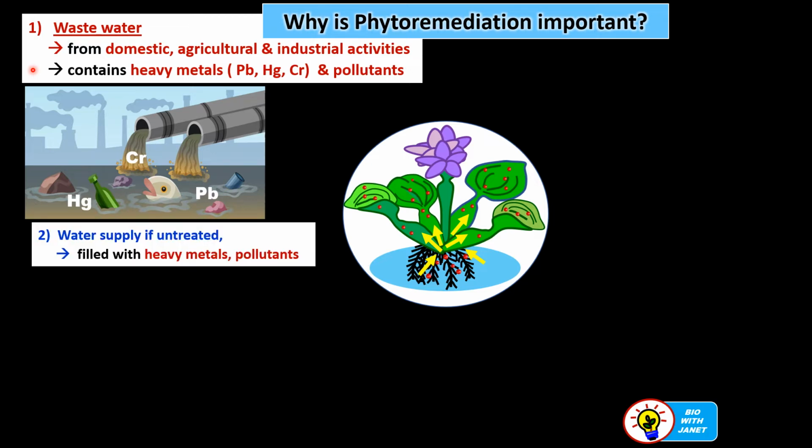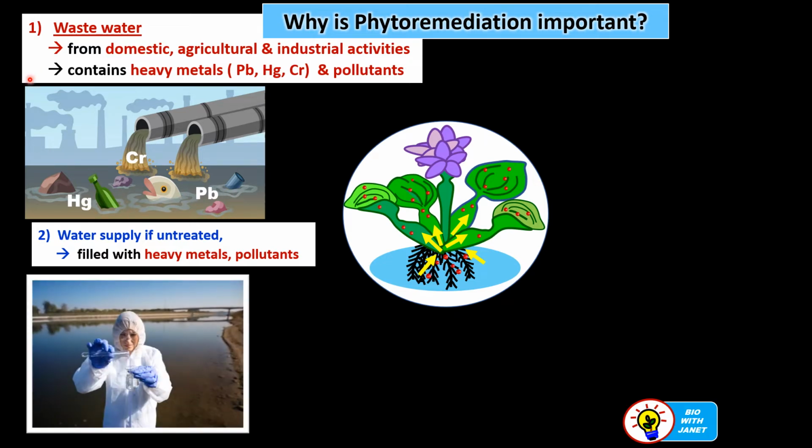So if the water supply is untreated, it will be filled with heavy metals and pollutants, and it will be toxic, right? So here we see an environmental engineer testing the quality of the water in this river, okay, which is highly polluted, and the water looks very dark and also dirty.